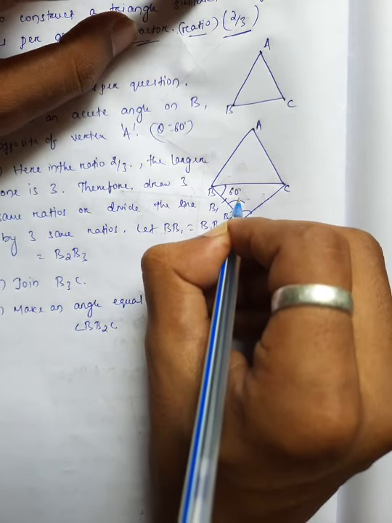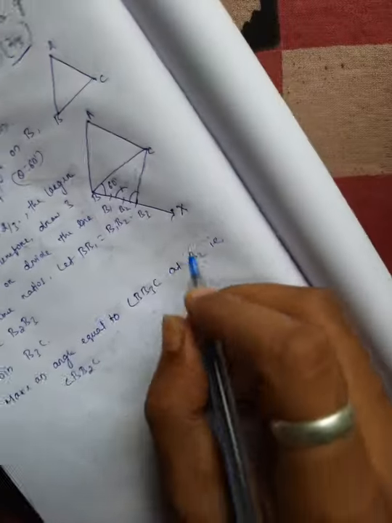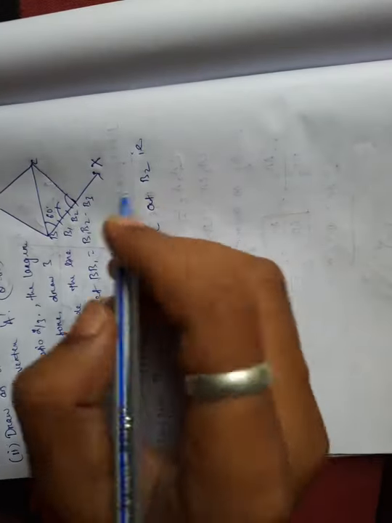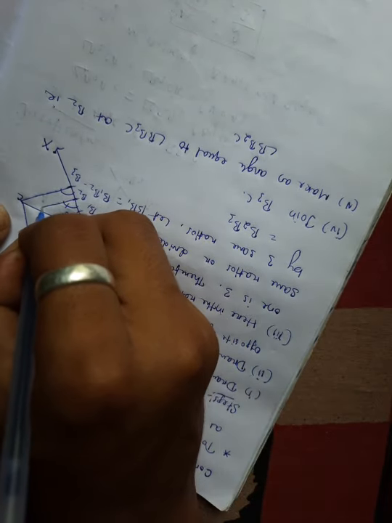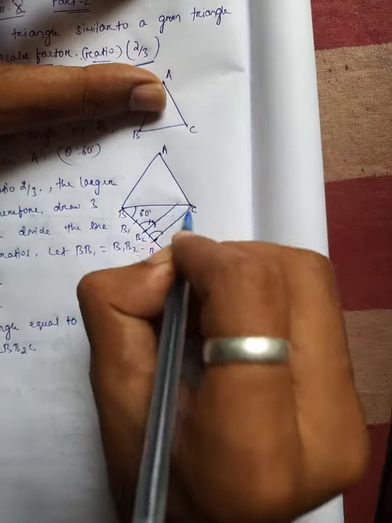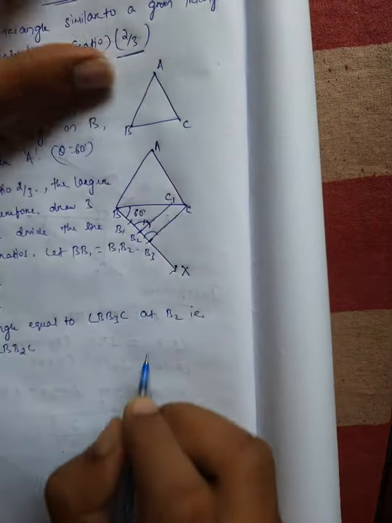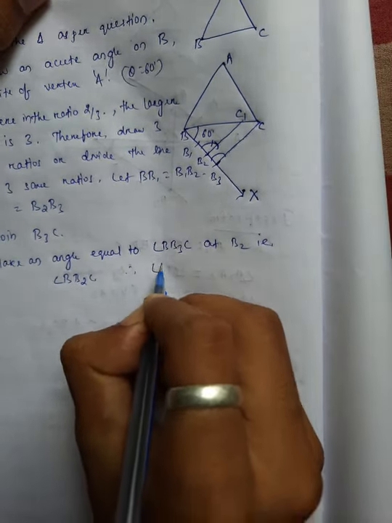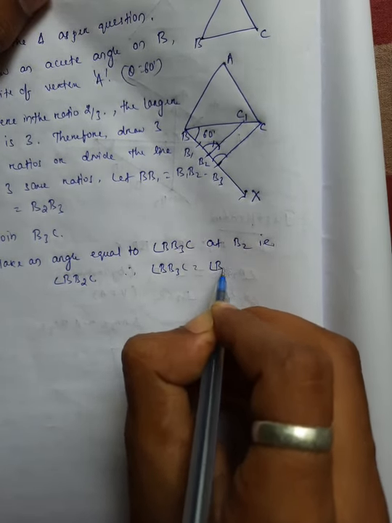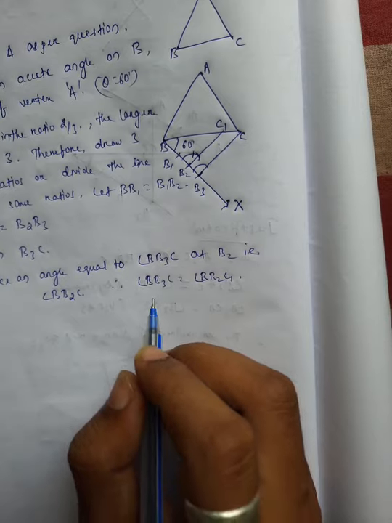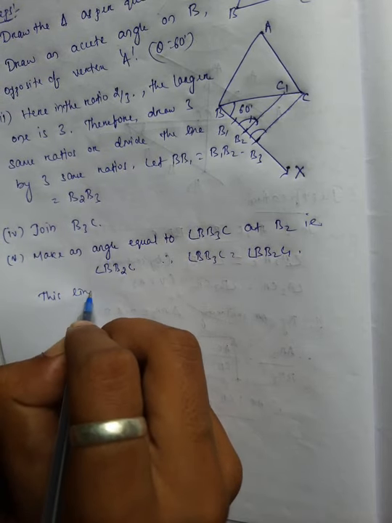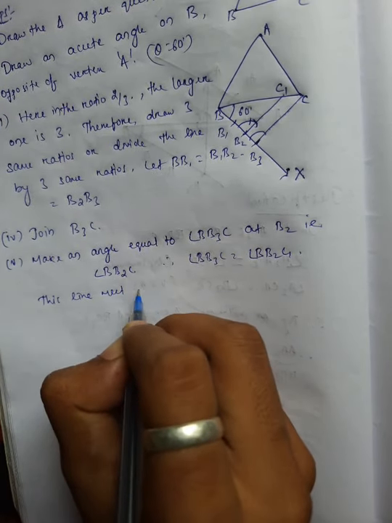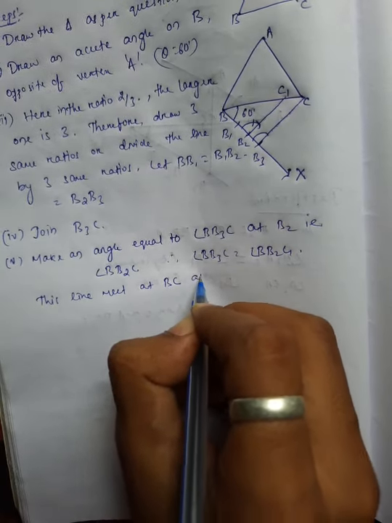Here I will make a parallel line. Okay, let this point be C1. Here therefore angle BB3C equals angle BB2C1. This line meets BC at C1.